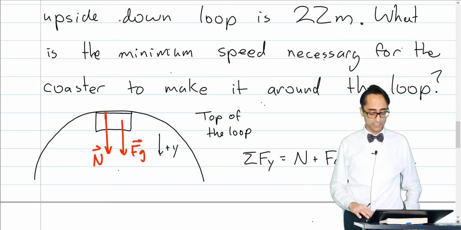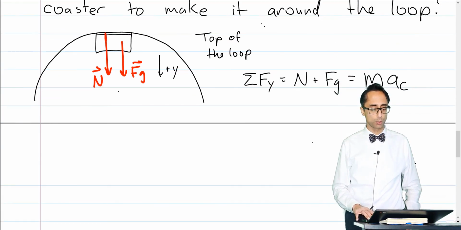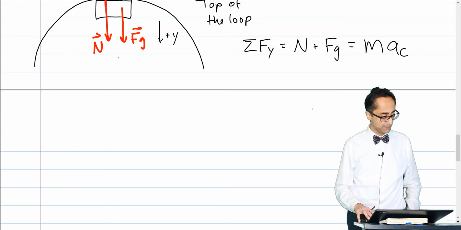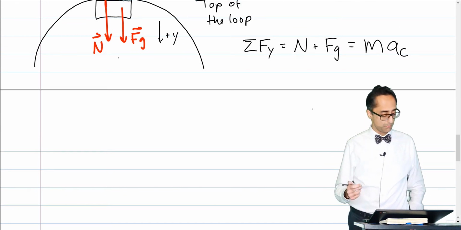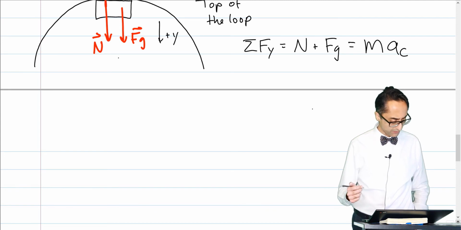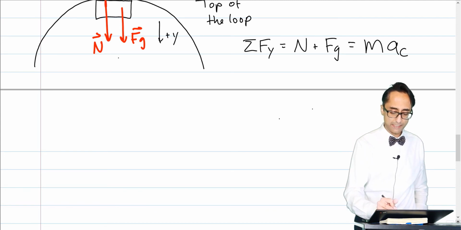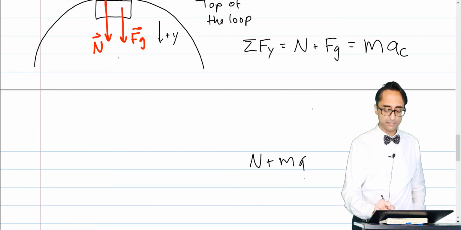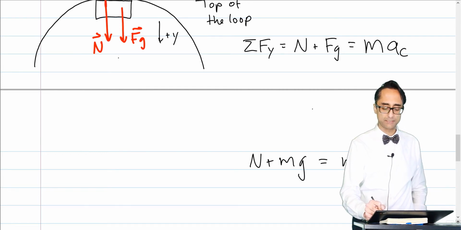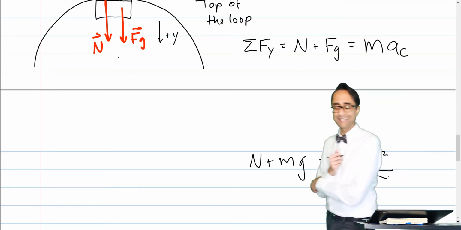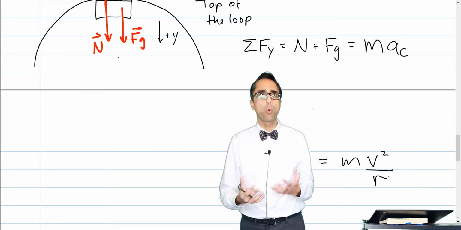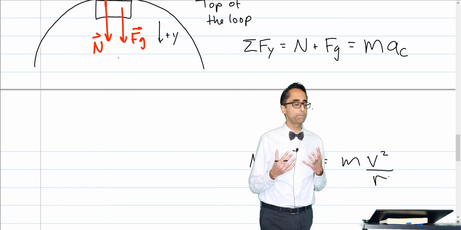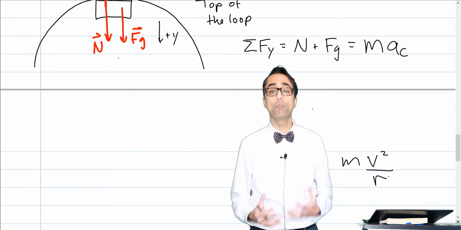You'll always use a centripetal acceleration as opposed to a total acceleration for these types of simple problems. Okay, so taking our N plus Fg, which we know is mg, and our mass times centripetal acceleration, which we know is v squared over r, we can begin to think about how fast we go to make it over this circle.